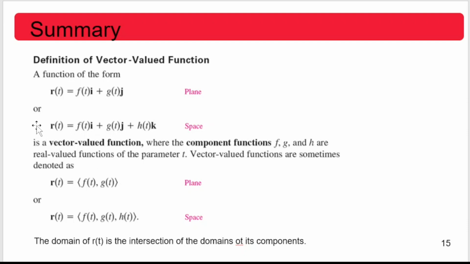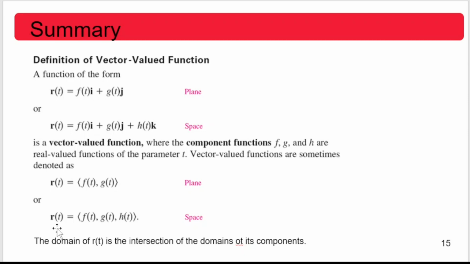Okay, so as I said, the second form of the vector valued function is in vector form. You can write r of t in terms of component form, or in vector form as f of t, g of t, where f of t is the x component and g of t is the y component in two-dimensional space.